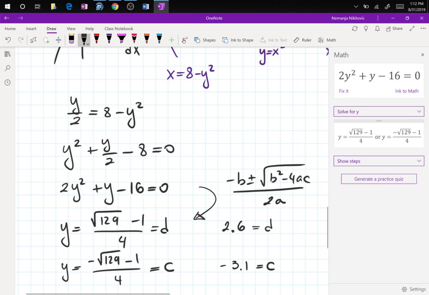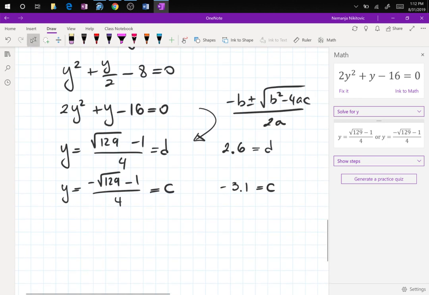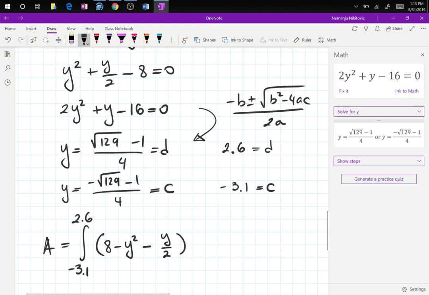Thank you. Great. So now our area is going to be the integral from negative 3.1 to 2.6. And we are going to have right minus left in terms of y, because it's going to be dy. So I have 8 minus y squared minus y over 2, dy.